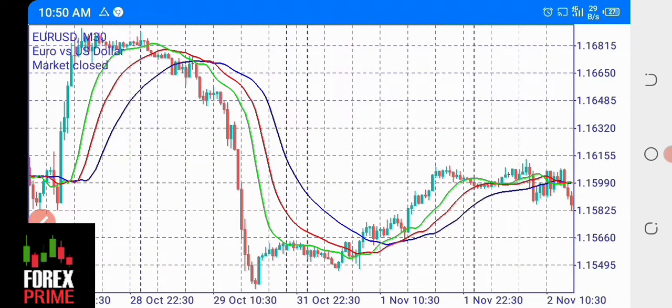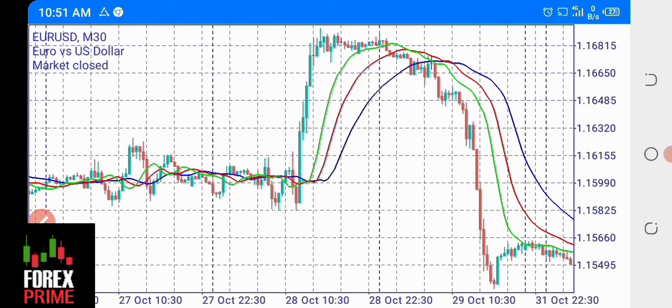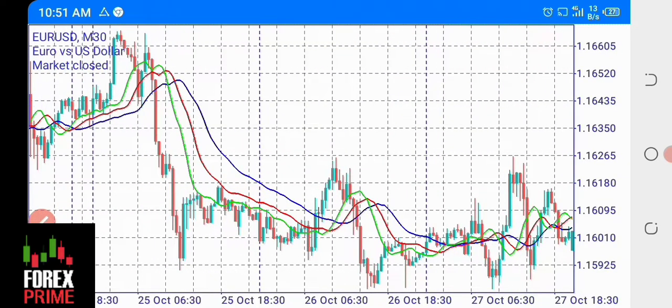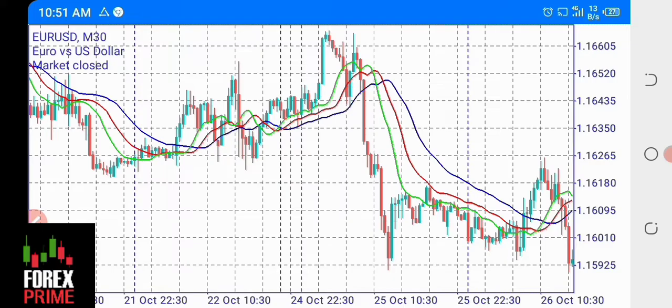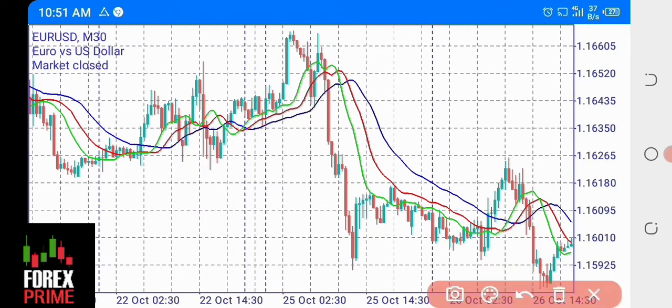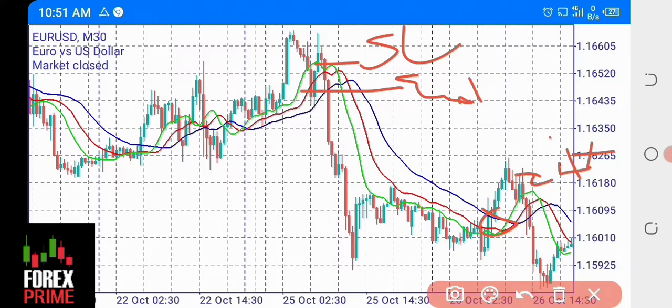These are the previous entries we talked about. So here, entry, SL, exit. So let's take note. So stop loss. So let's take note, okay?